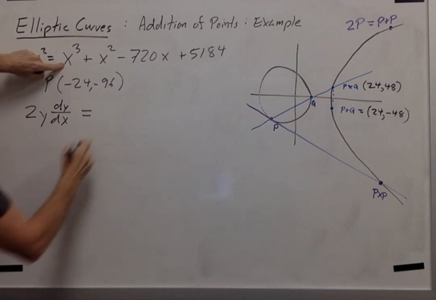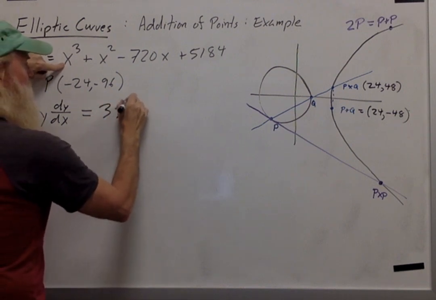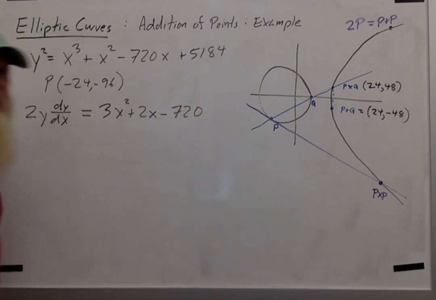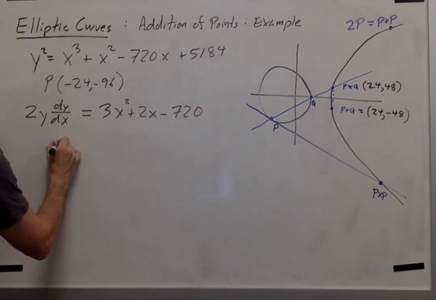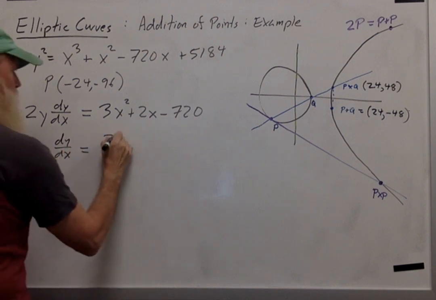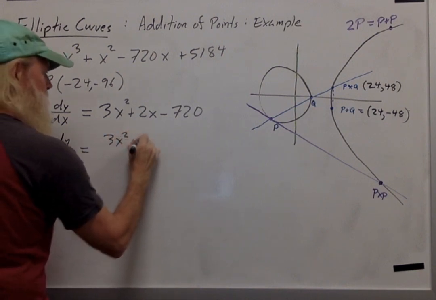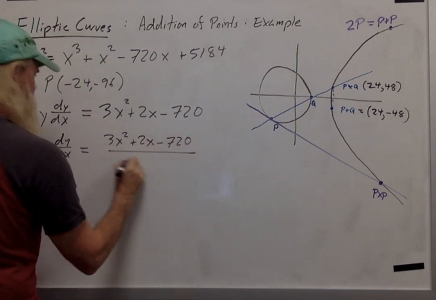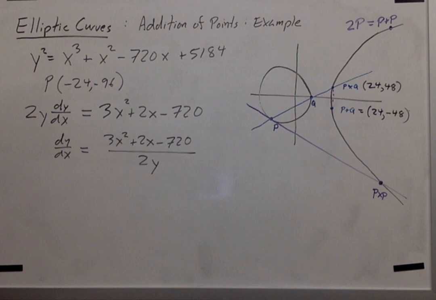Differentiating the right side with respect to x, I get 3x squared plus 2x minus 720. So dy dx is equal to 3x squared plus 2x minus 720, all divided by 2y.